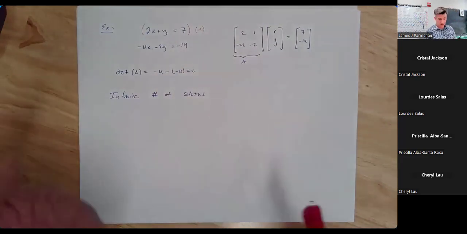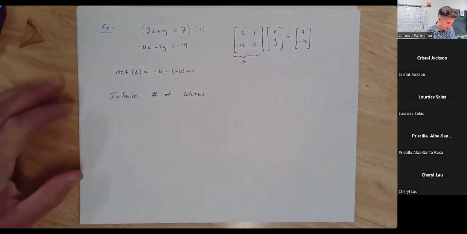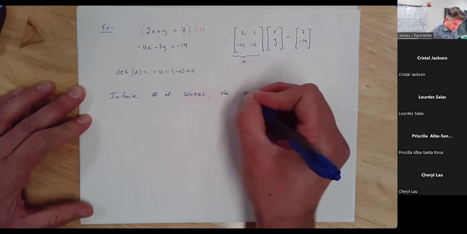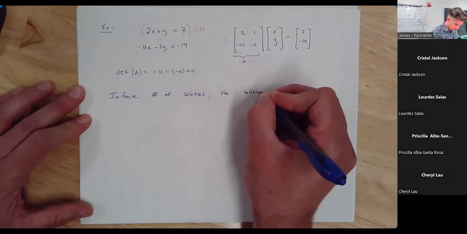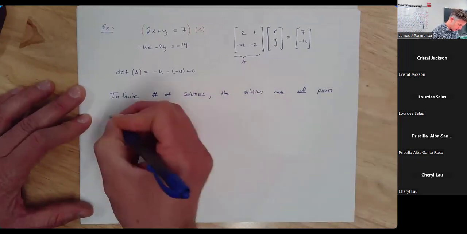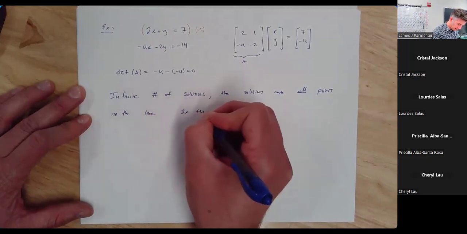So those equations really are the same equation, meaning that every point on that line is a solution. So here, infinite number of solutions, and the solutions are all points on the line 2x plus y equal to 7.